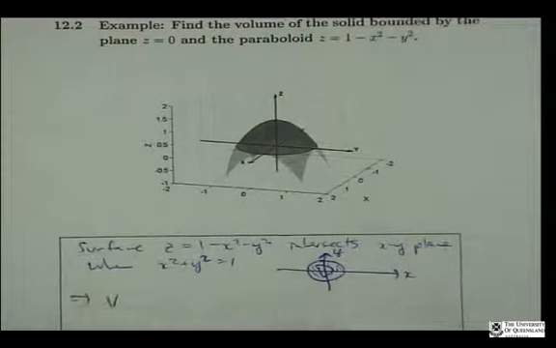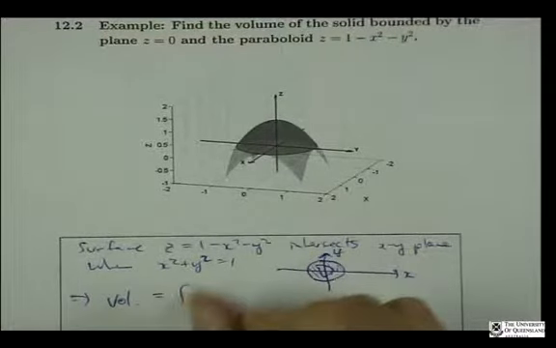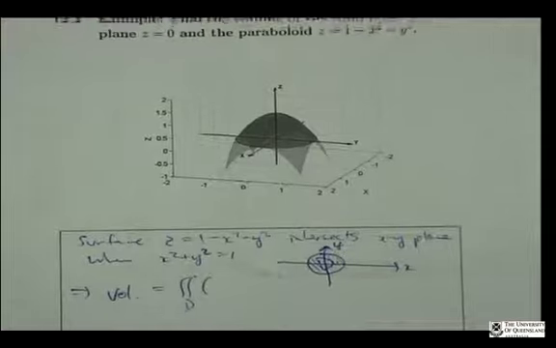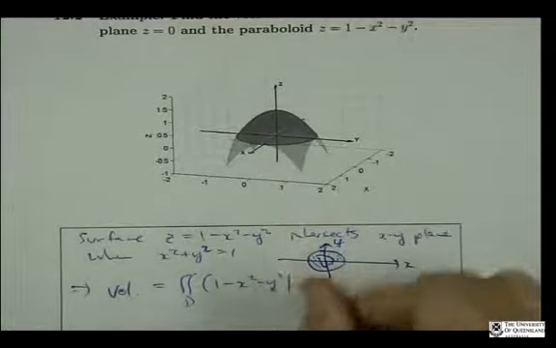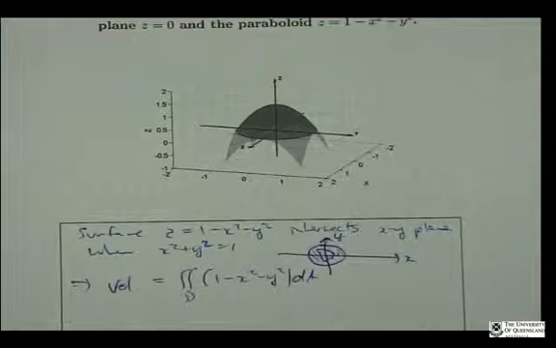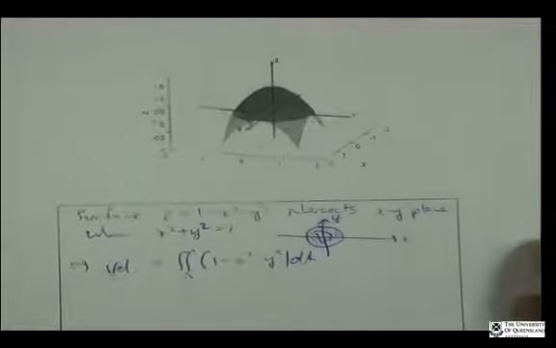Perfect. I'll call that D. It's perfect for a double integral over D, and integrate that function 1 minus x squared minus y squared. Okay, that's in terms of rectangular coordinates, but because the region of integration is a circle, that's where I'd better use polar coordinates. I don't have to, but it's going to make life a lot easier if I do.